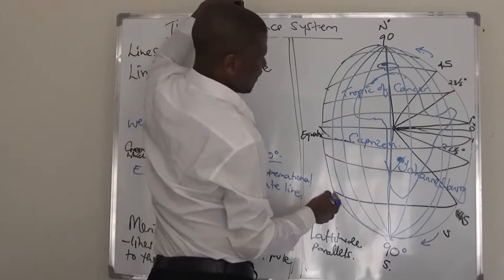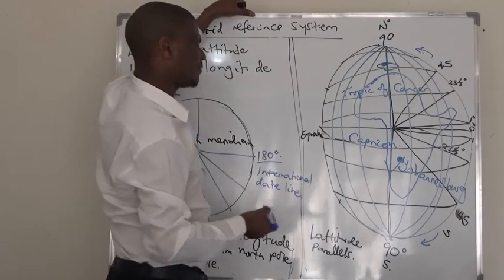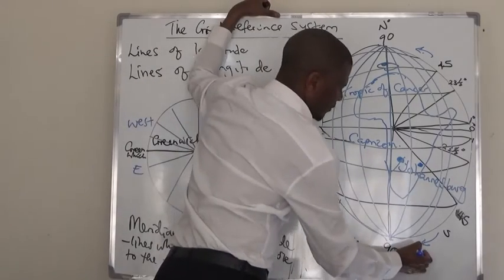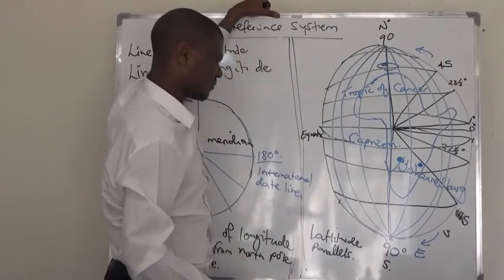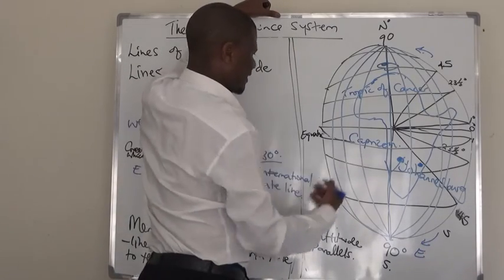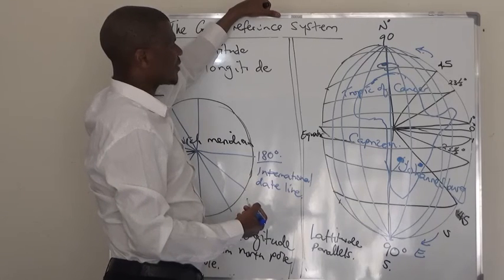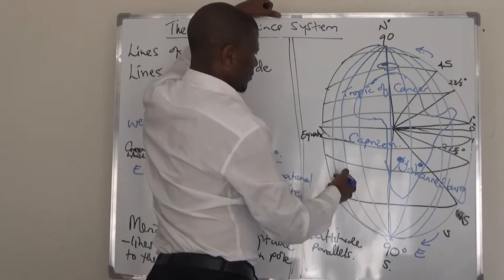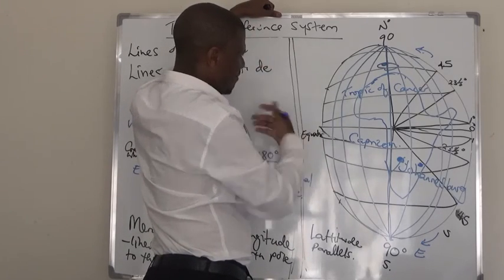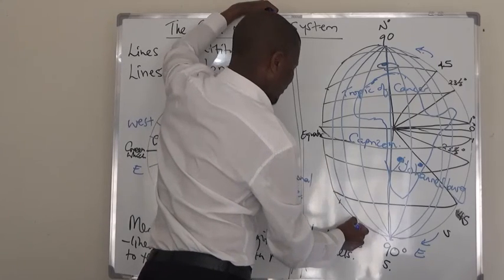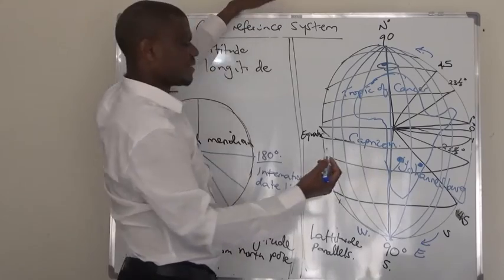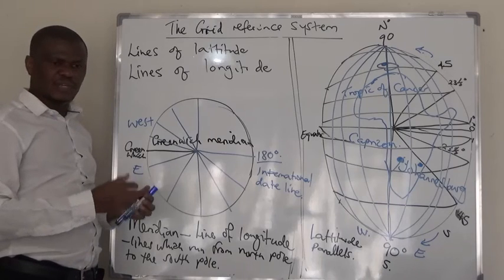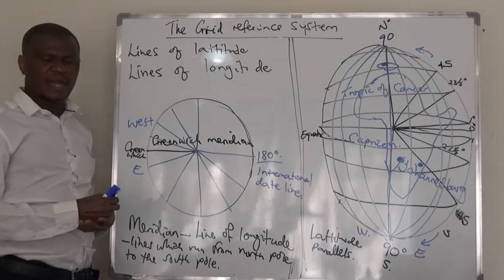So, for instance, a town like Maputo in Mozambique would be so many degrees east, whilst towns in America and the Caribbean and so on, we express them as so many degrees west. So that's as far as the lines of latitude and the lines of longitude are concerned.